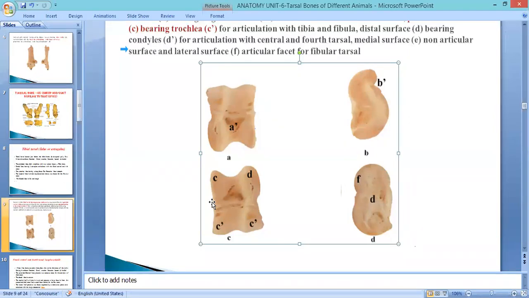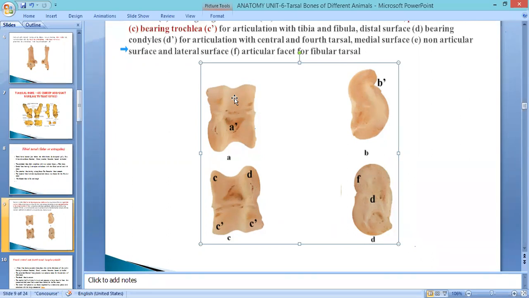In between the 2 malleoli, there is a gap where this proximal end comes in contact with this tarsal.